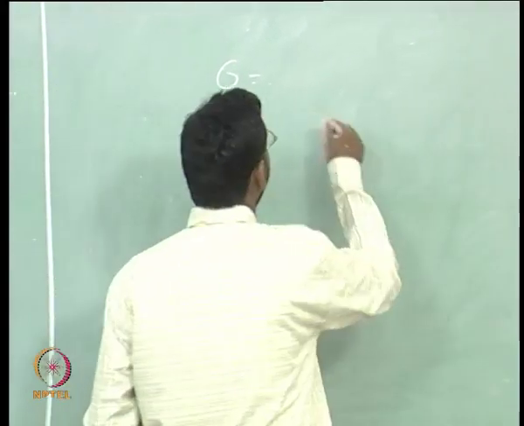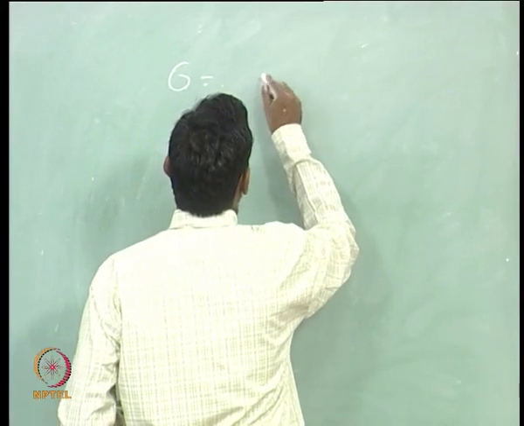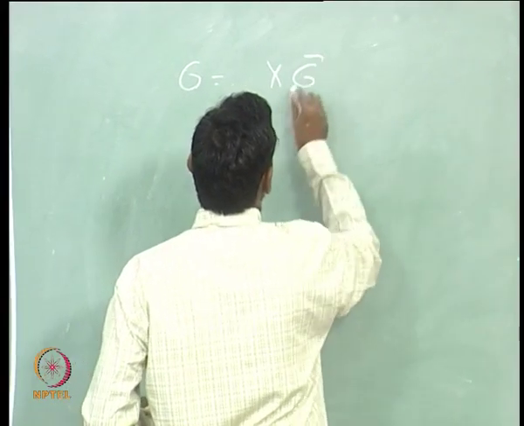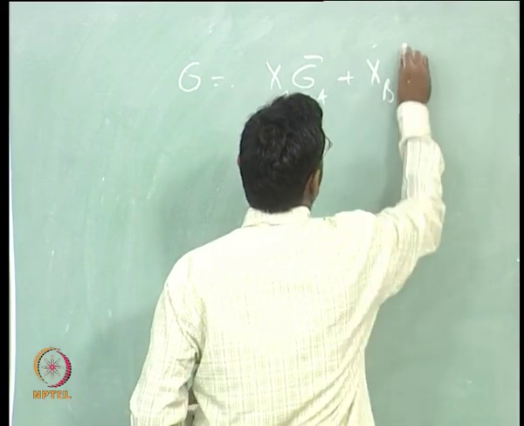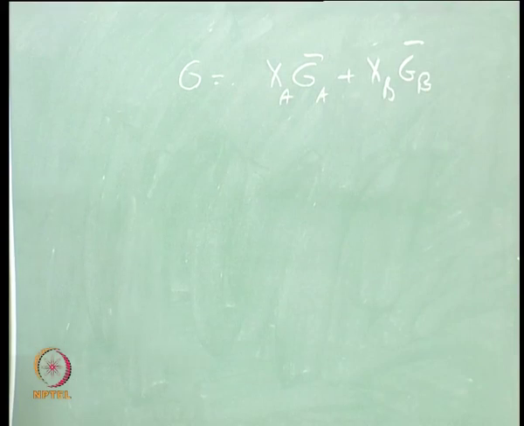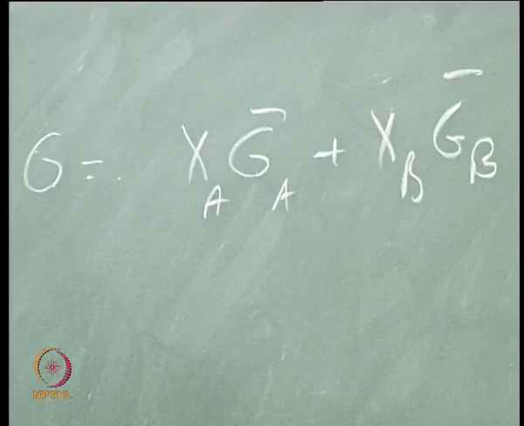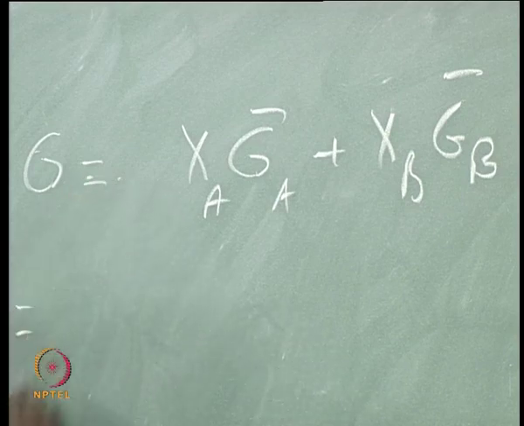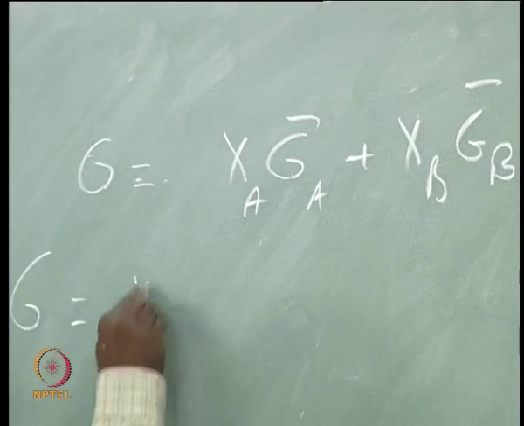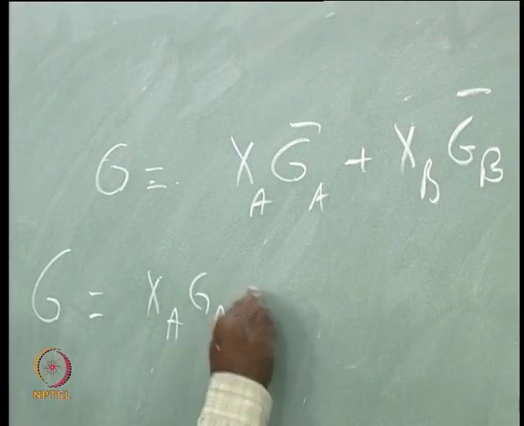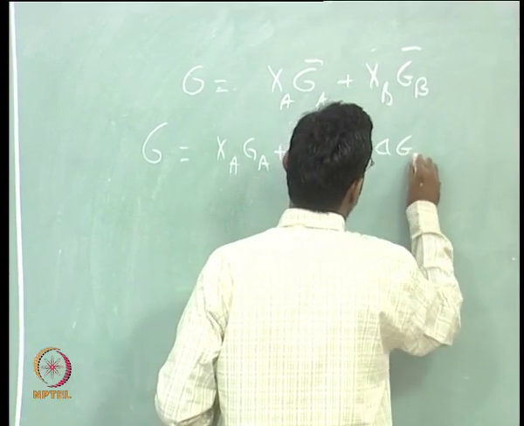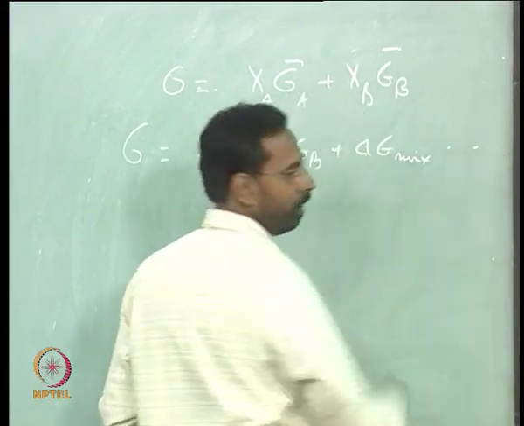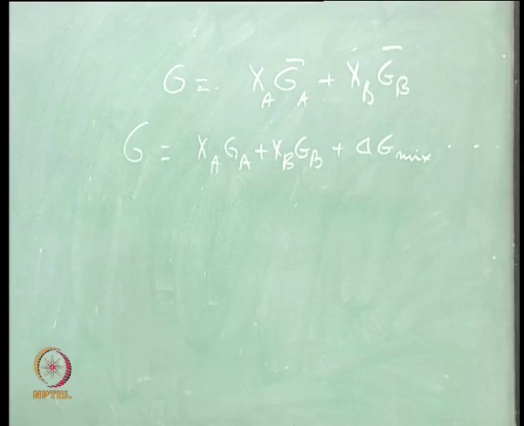One we have written is XA G bar A plus XB G bar B. You remember we have written this, and we have also written G as a function of the complete solution plus delta G mixing, of course, am I right?